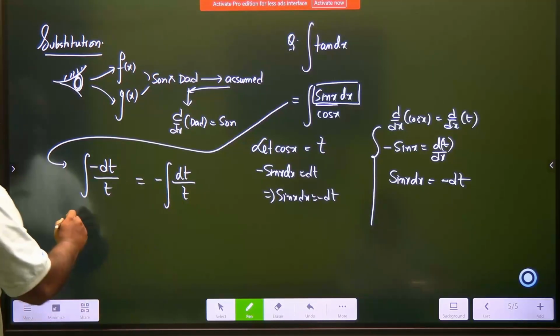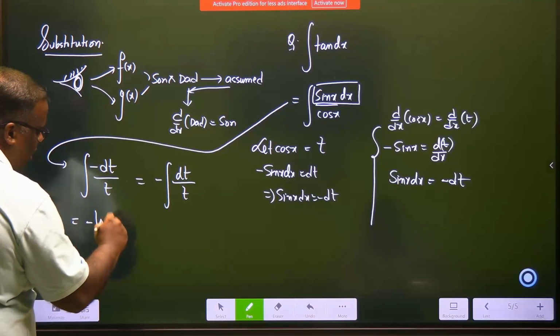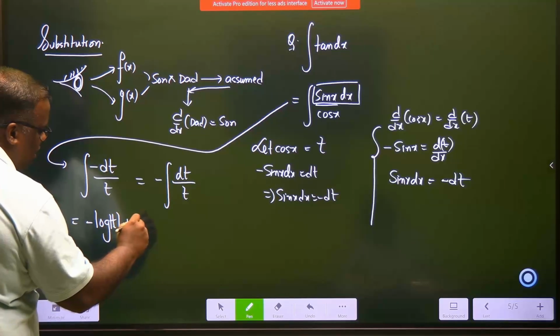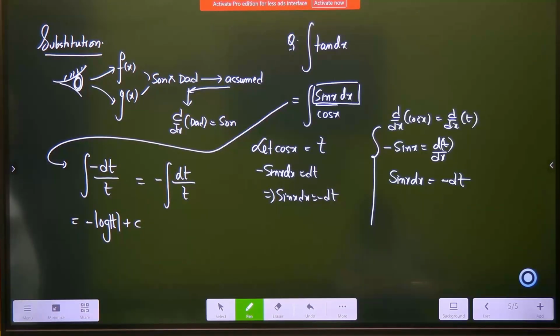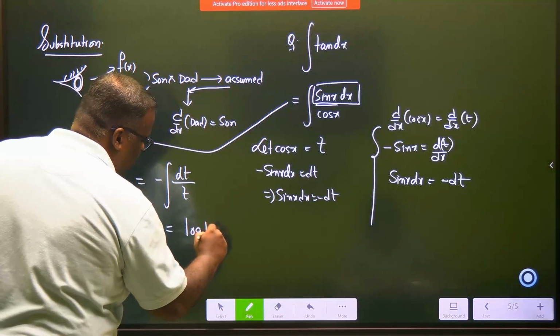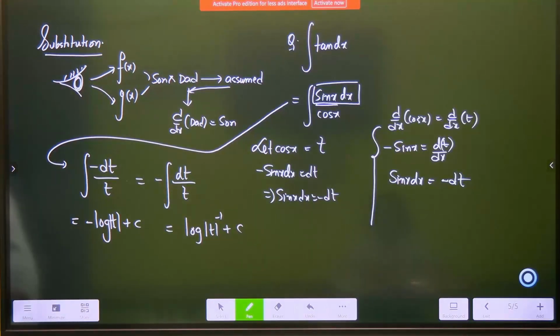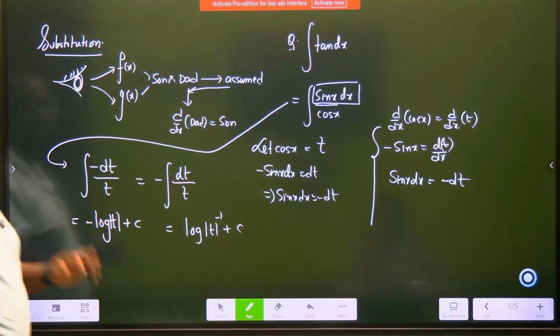So it becomes what, beta? Negative log of modulus t, because log is always in modulus, plus c. Agreed? I can write this as log of t to the power minus 1 plus c. Have you understood this one? Okay.